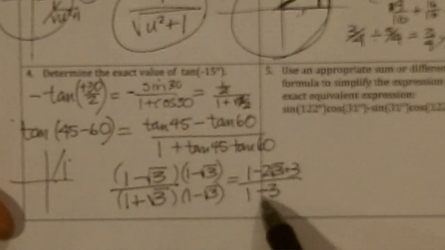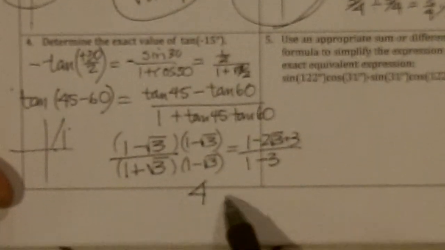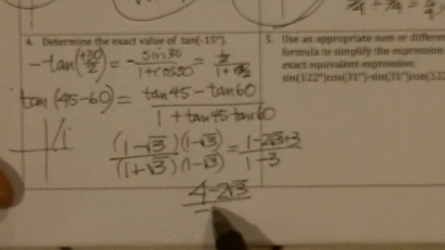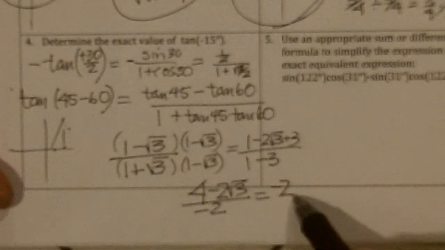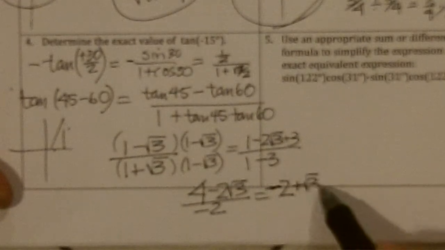So that's a negative 2. So I have 4 minus 2 square roots of 3 over minus 2, which is minus 2 plus the square root of 3. And hopefully that's what I got here from the other one.